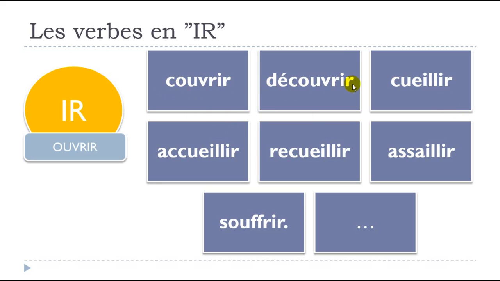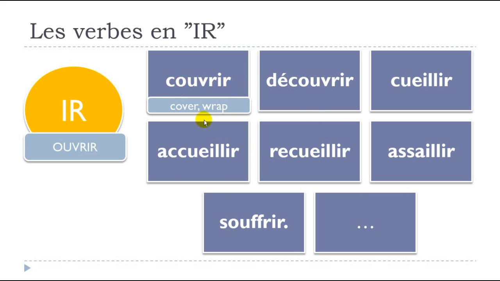Couvrir, découvrir, cueillir, accueillir, recueillir, assaillir, and then souffrir. I don't know why there is a little dot here, but don't bother with this. And of course, as in most cases, I try to give you the translation, and here it goes.